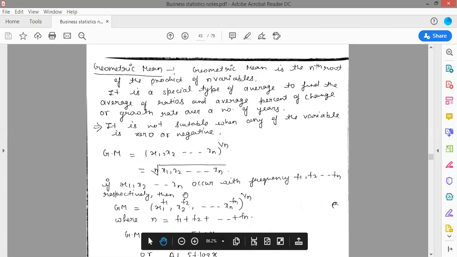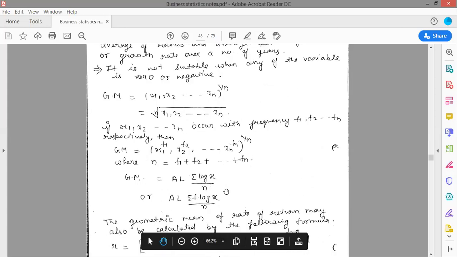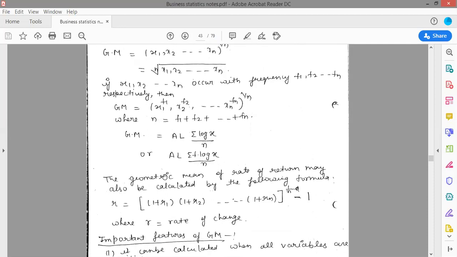If x1, x2, xn occur with frequency f1, f2, f3 and so on fn respectively, then geometric mean is equal to (x1 to the power f1, x2 to the power f2 and so on xn to the power fn) to the whole power 1 by n. That means this is your nth root. Why are we writing this formula?